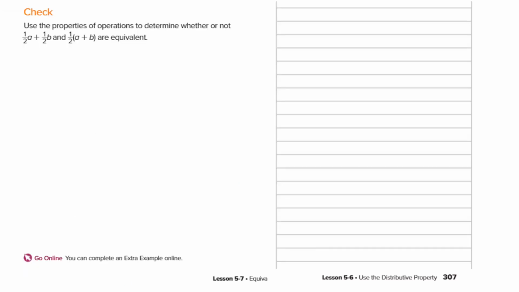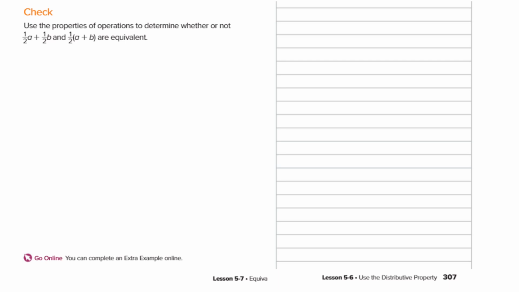So what do we do on this crazy one? It has fractions, and then there's a fraction with the distributive property. Well, what I'm going to suggest is that we look at the first one and compare it to the second one where we have the 1/2 on the outside.